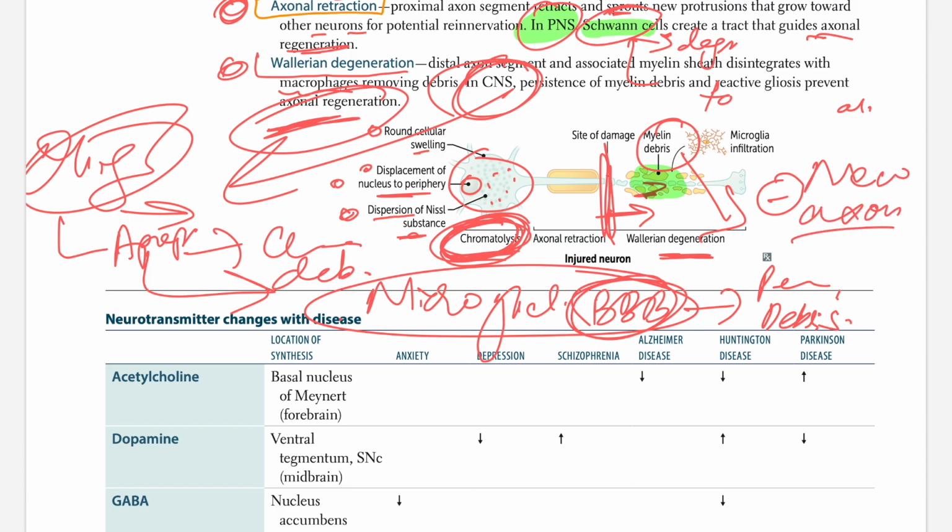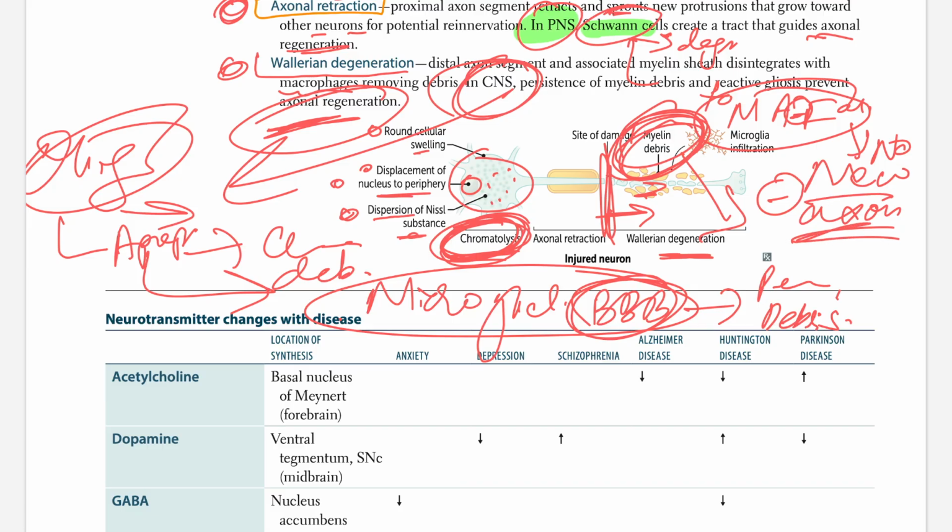Why and how? When you have the persistence of this debris, myelin associated inhibitory factors are present within this myelin, which leads to no new axon formation.